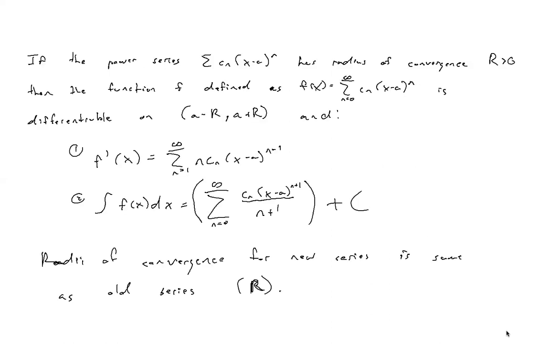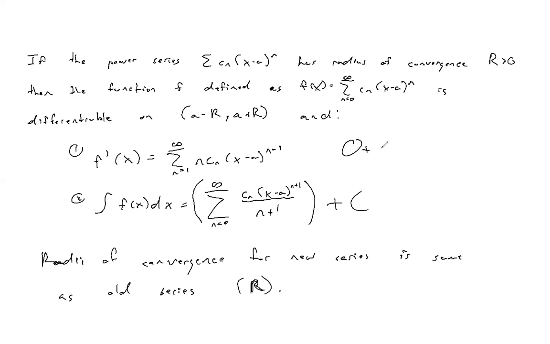One thing that sprang to mind, if you're looking at this notation here, our original series starts at 0 and this new series starts at 1. Don't be freaked out by that. It's just because look what happens if we start this series for derivatives at 0. My first term would be 0 times C0, so the first term would just be 0.